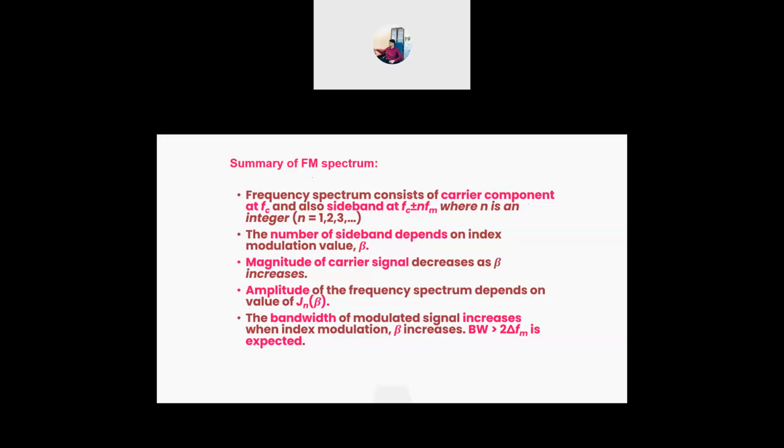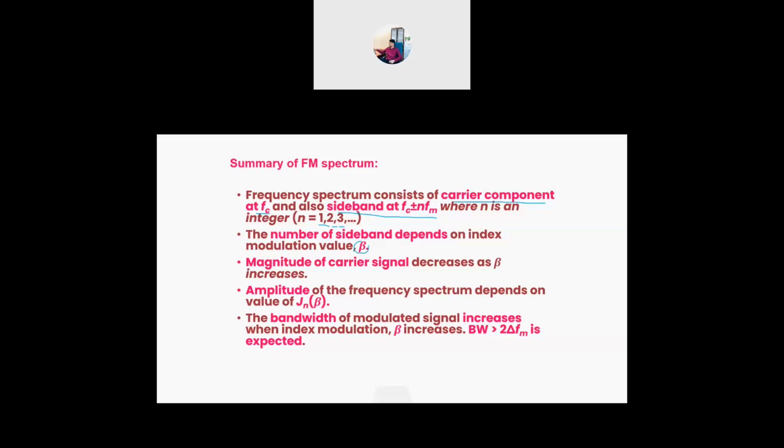So the summary of an FM spectrum: the frequency spectrum consists of a carrier component at FC and also sidebands at FC plus n FM, where n is an integer 1, 2, 3. Depending on how many sidebands you're going to have, the number of sidebands depends on the modulation index beta.